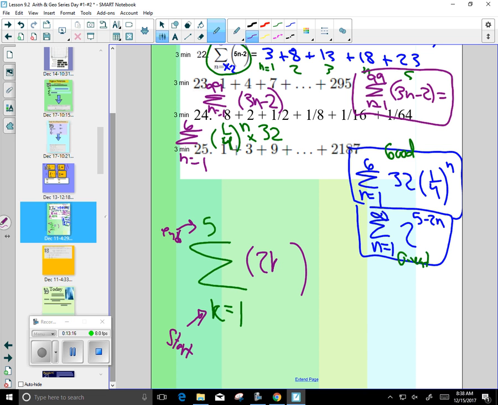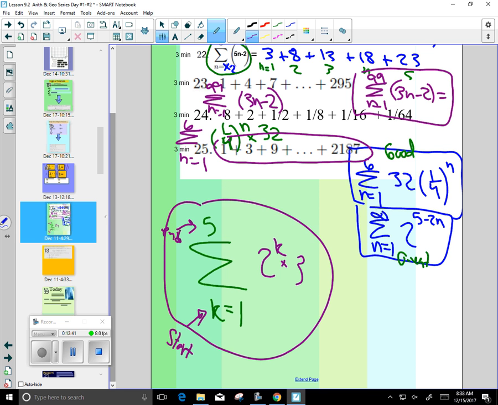If you had 2k plus something, like 3, that's going to be arithmetic. 2 times the difference. If you have 2 to the k times 3, that's going to be geometric because 2 is your ratio. And that's sigma notation. The purpose is to make a list into a nice, tidy notation.